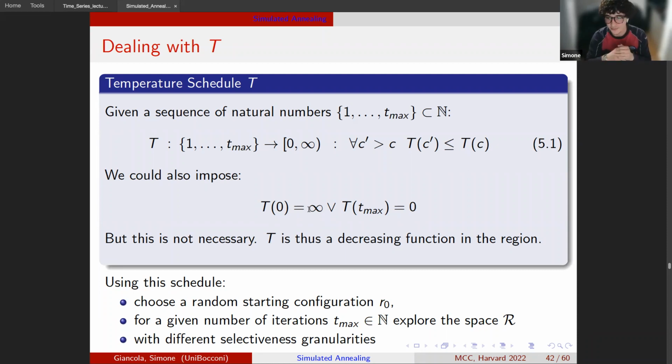Thus, we start from accepting everything, and we gradually accept less and less with this decrease of temperature that allows us to escape all the local minima that are escapable for a given temperature in the moment in which it is employed.